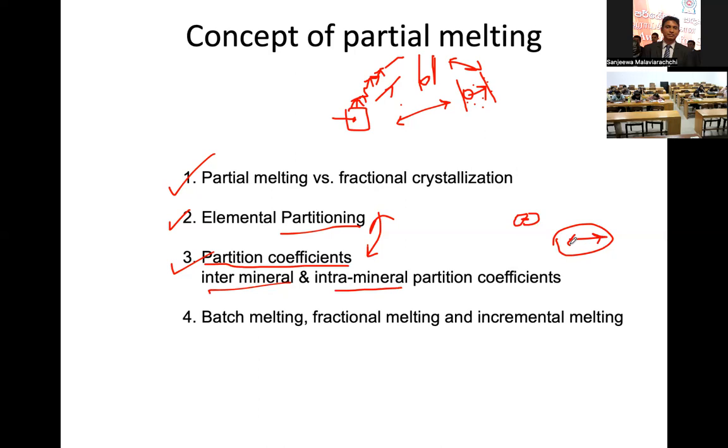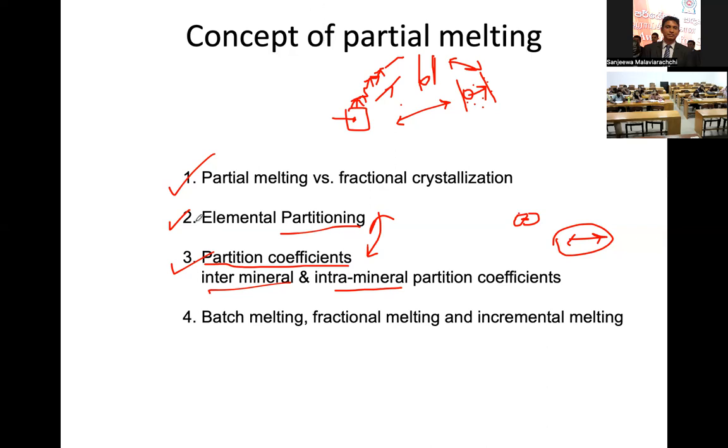Zoning is entirely dependent on this type of exchanges based on the partition coefficients. So even in the solid or even in the liquid, whenever there are two phases in the system, these partition coefficients matter. It's very important, so we will learn about partition coefficients later separately.